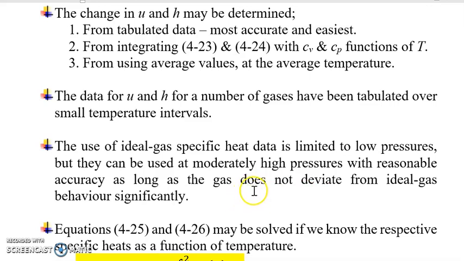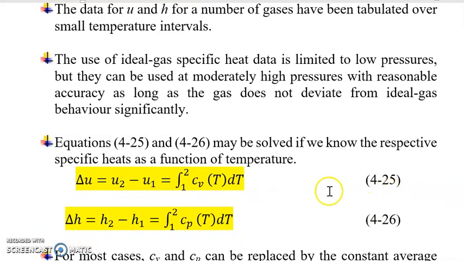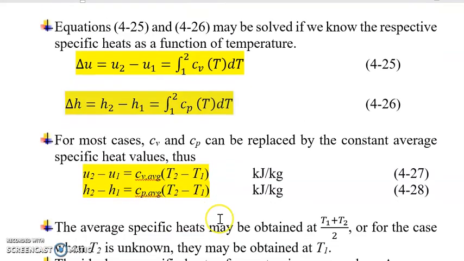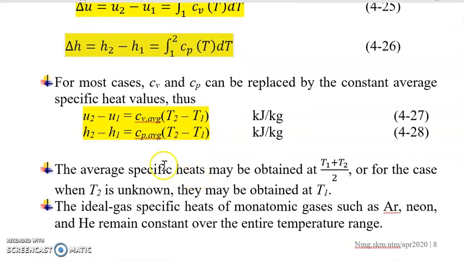Equations 423 and 425, 426 may be solved if we know the specific heats as a function of temperature. For most gases, Cp and Cv can be replaced by constant average specific heat values. This is the third approach. It's the simplest, but not as accurate as the first and second approaches.